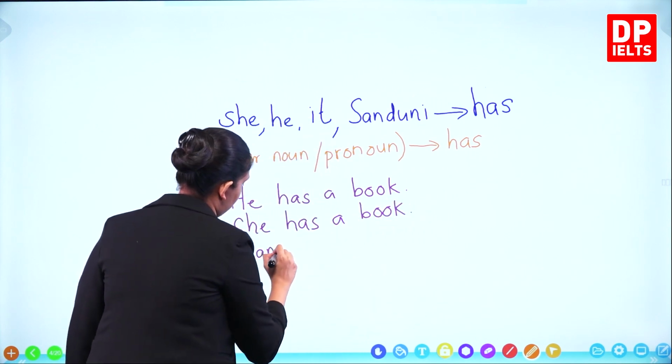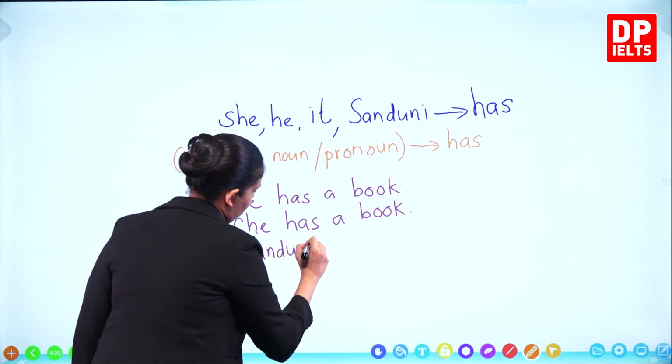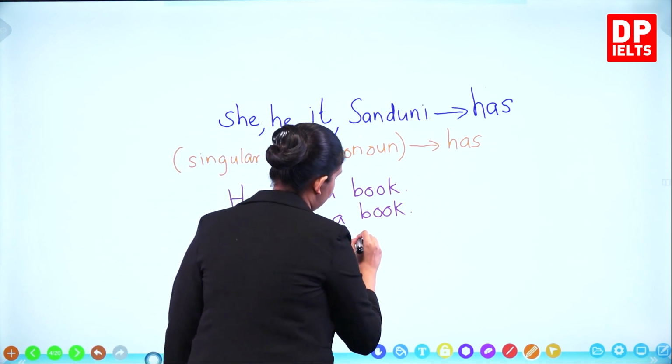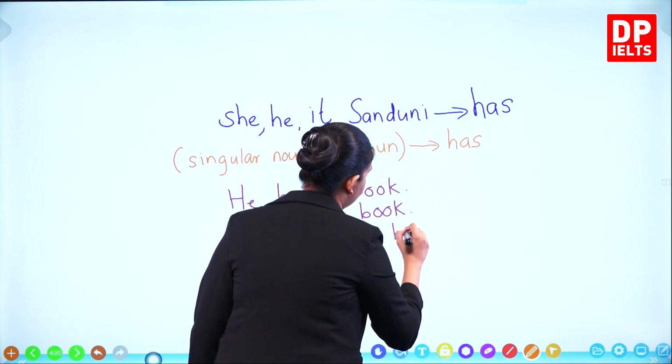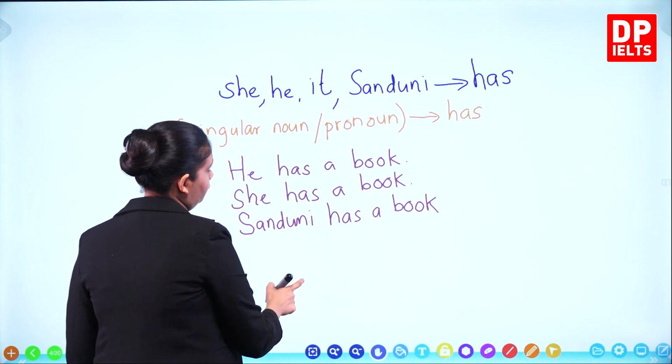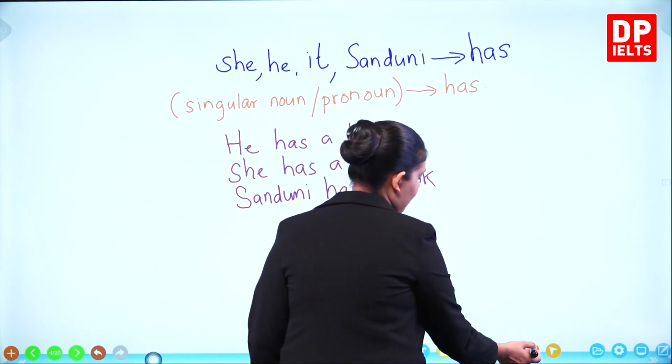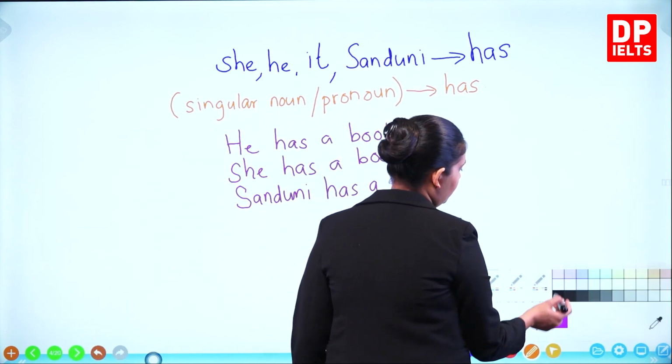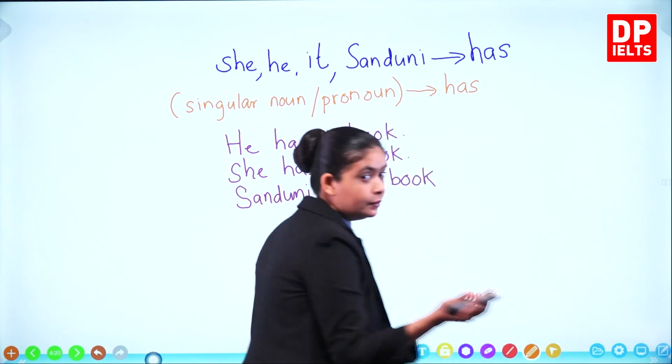Sanduni has a book. We can't say it has a book because you use it for animals or things. So therefore, we will say something for an animal.